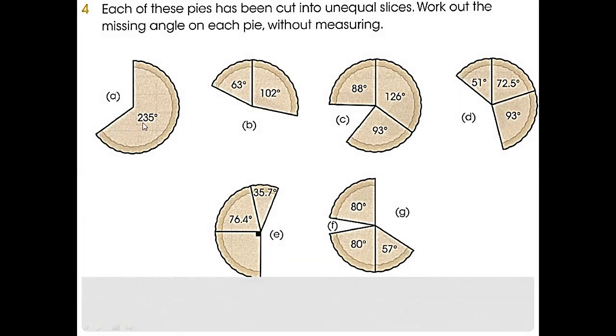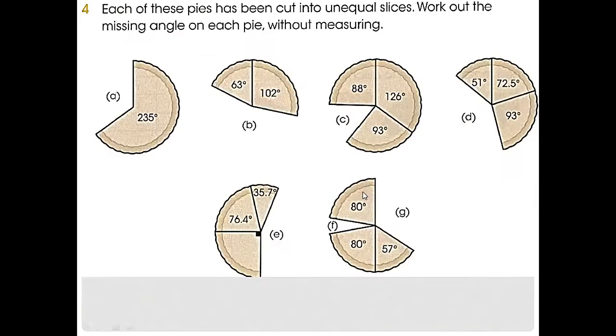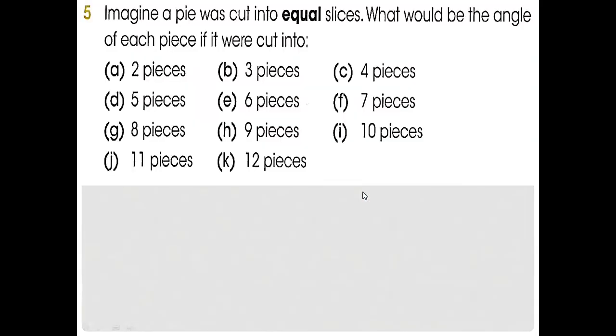So 360 minus 235. So how many are left? 125. So the first angle must be 125 because we do 360 minus 235. As it is the same, you can do the remaining questions.